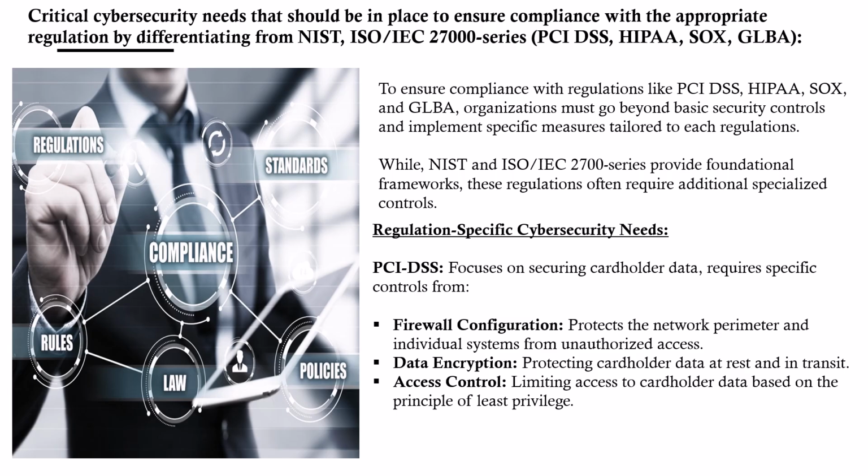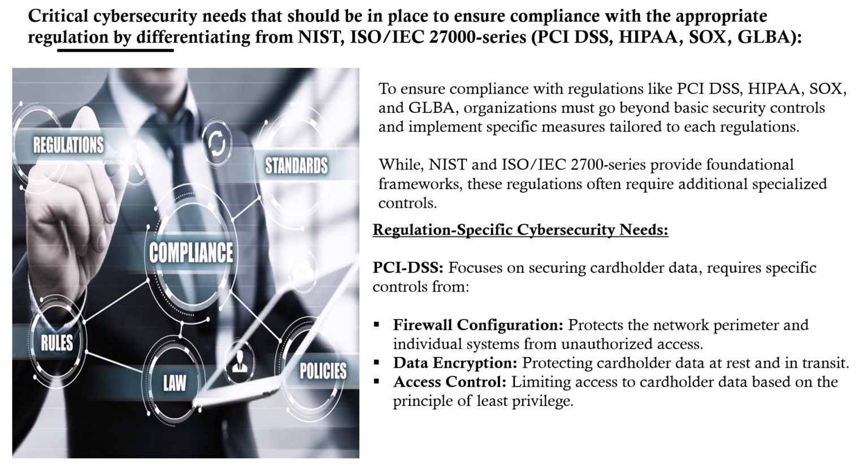Organizations must go beyond basic security controls and implement specific measures tailored to each of these regulations. So while the NIST and the ISO series provide foundational frameworks, these regulations often require additional specialized controls. And here go examples of each of the regulations to be in compliance with these regulations and standards.